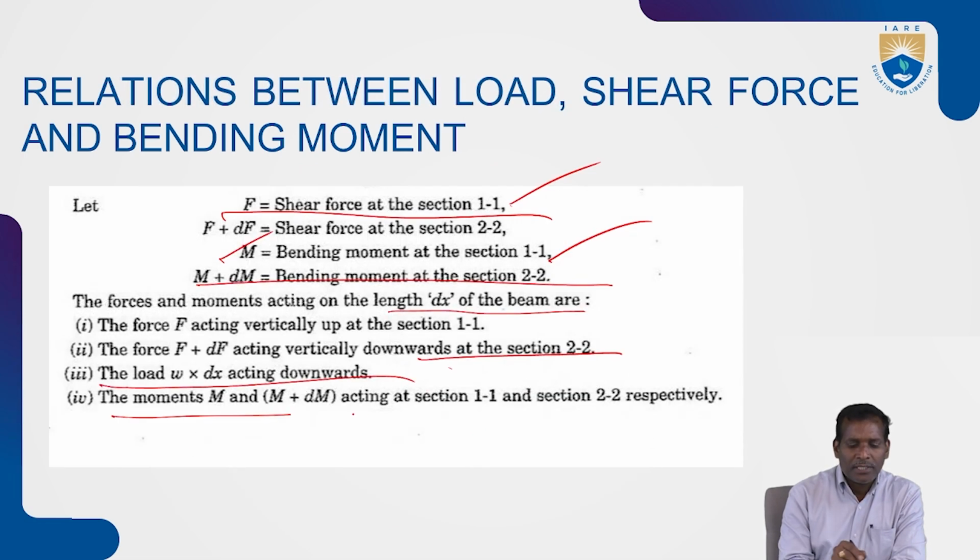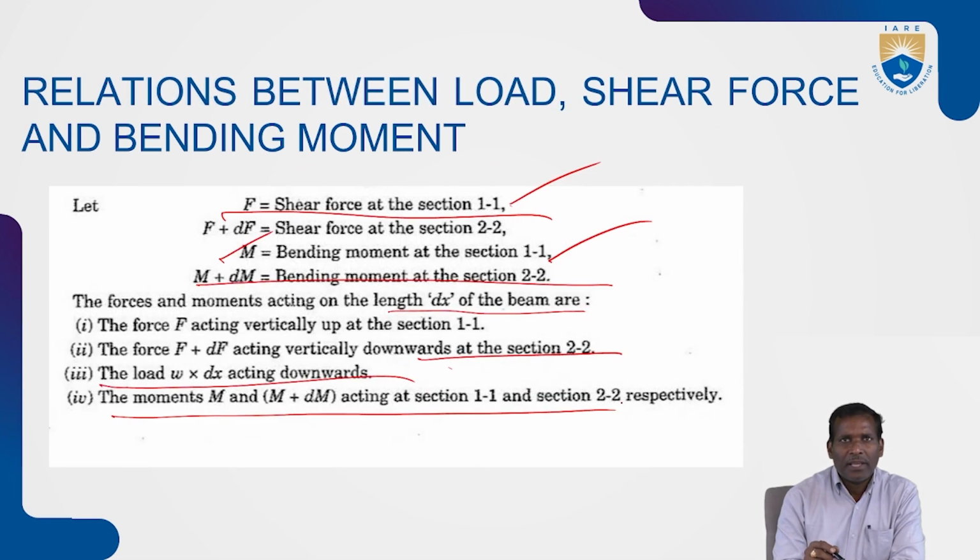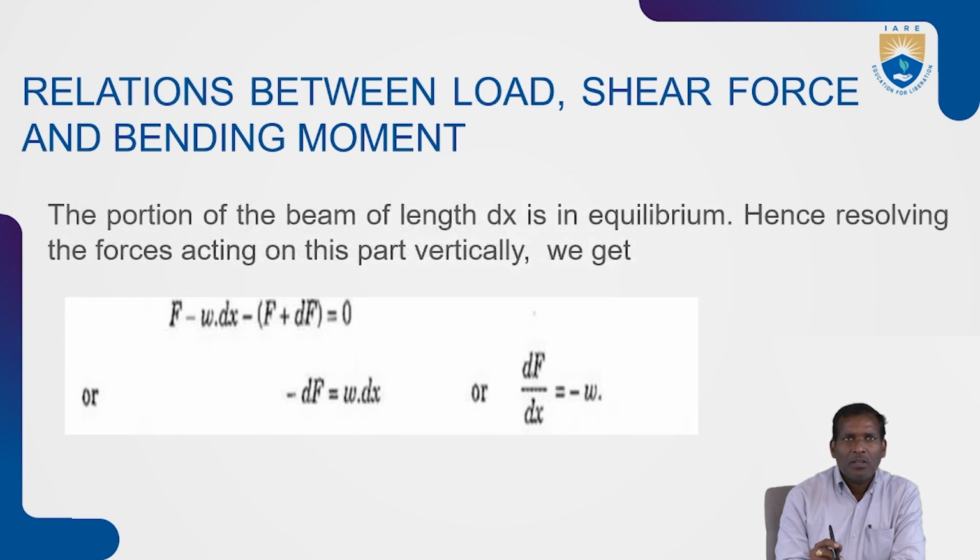So the moments M and M plus dM are acting at sections 1-1 and 2-2 respectively. In this, the portion of the beam of length dx is in equilibrium, hence resolving the forces acting on this part vertically.